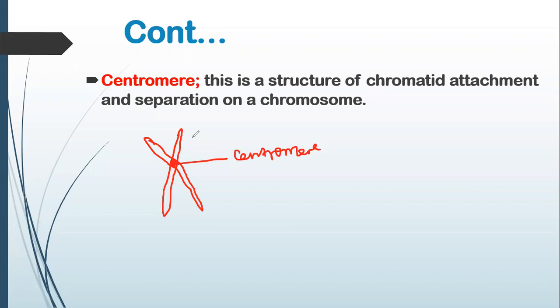And this one, we are going to use it also frequently. We shall use this centromere frequently for us to have that deep understanding of meiosis and mitosis. So if this is my chromatid and this is another chromatid, this point where the two chromatids attach, meet, join is known as a centromere.